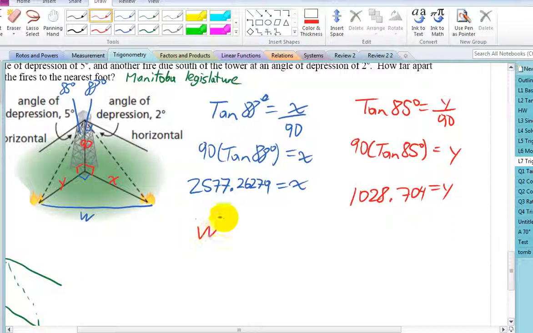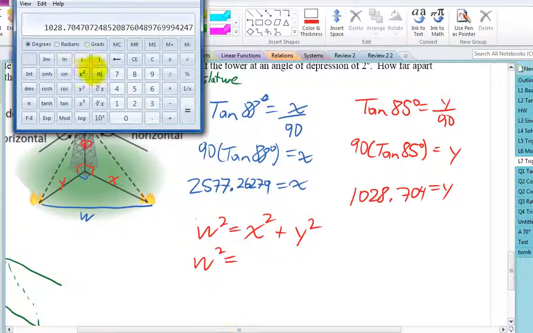So then to figure out w squared, would we add or subtract? Add, because w is our hypotenuse. It's got to be the largest. So on the calculator, I already have this number. I'm going to square it. And then we're going to add the other number squared.